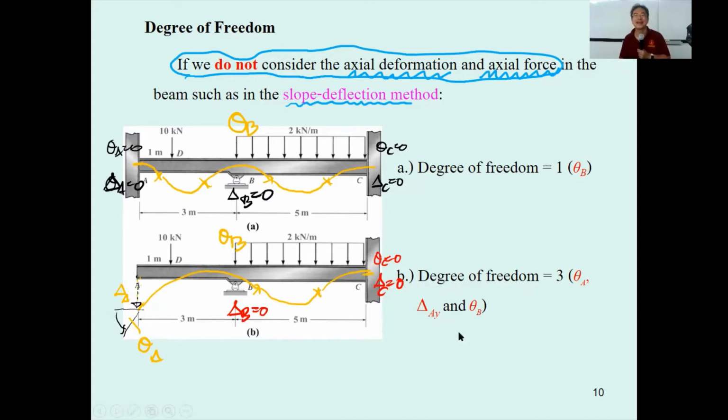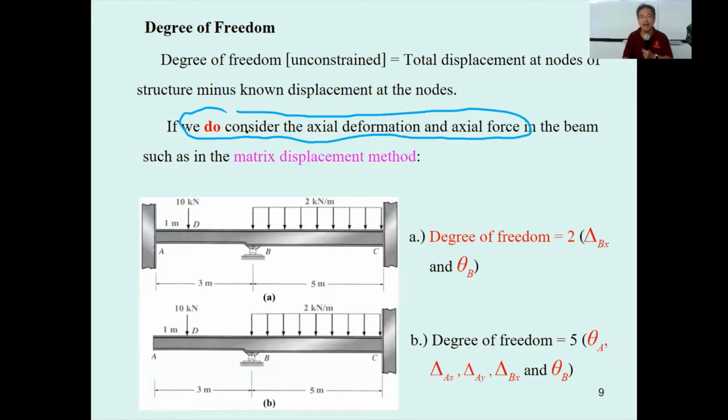Later in this part, we will use the matrix displacement method to analyze this structure. In the matrix displacement method, a node will have three deformations: theta, delta sub ay, delta sub ax.